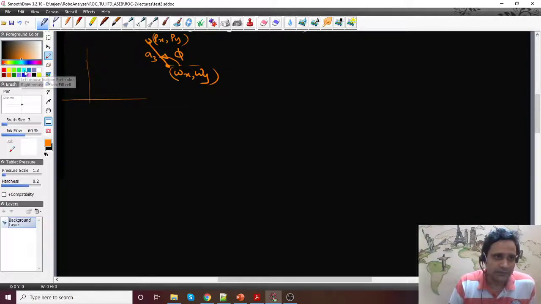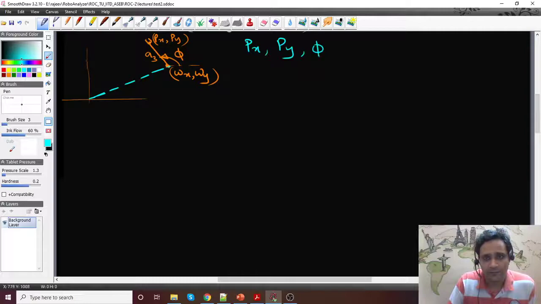Now temporarily you can assume that there is a vector like this. It could have some value, whatever angle it is at. So obviously you will get the coordinates of wx and wy if you know the angle. In this particular case, px, py, phi and a3 are given to you because that is the problem. We already know these values, so we have to find the value of wx and wy.